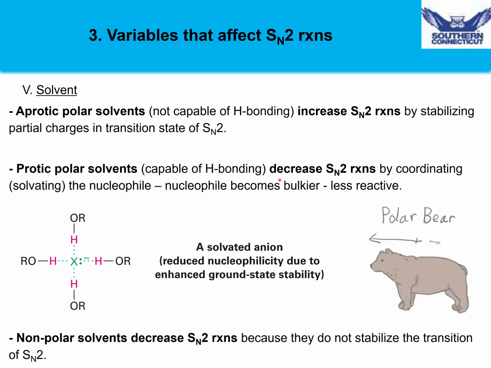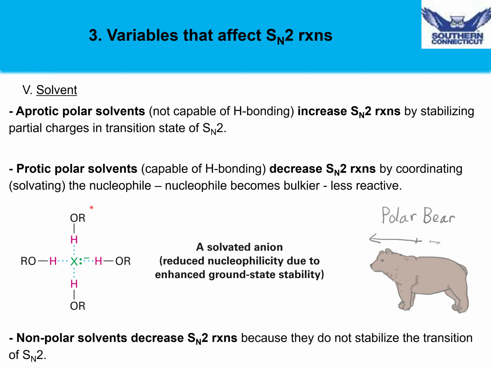They generally are going to reduce the reactivity of the nucleophile. So they tend to hydrogen bond to the nucleophile, as shown here. So if you had, let's say, an alcohol, it would be hydrogen bonding to this nucleophile, which has a negative charge.